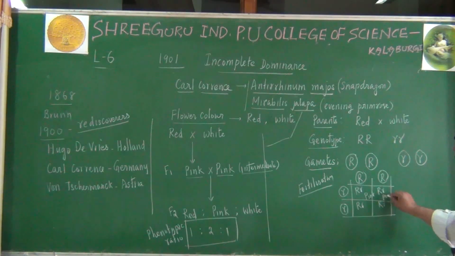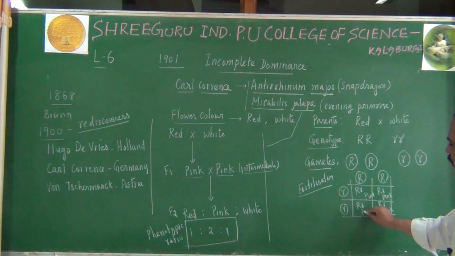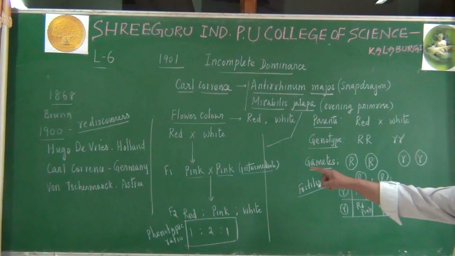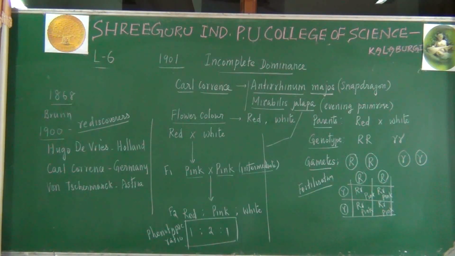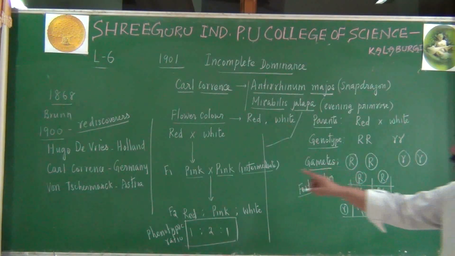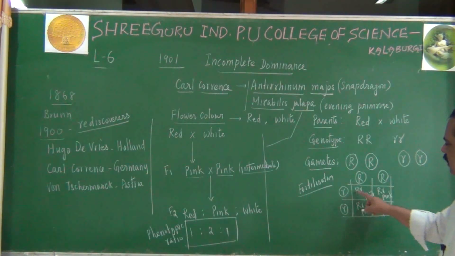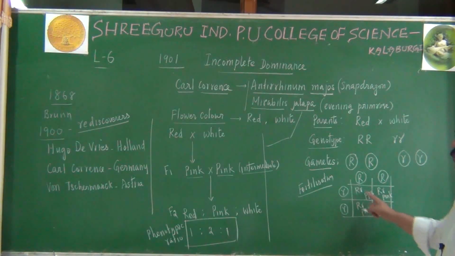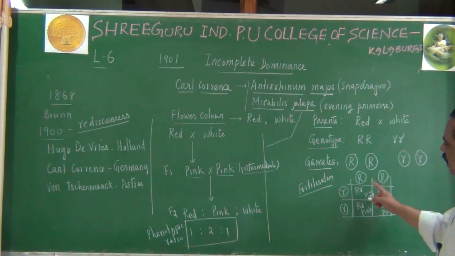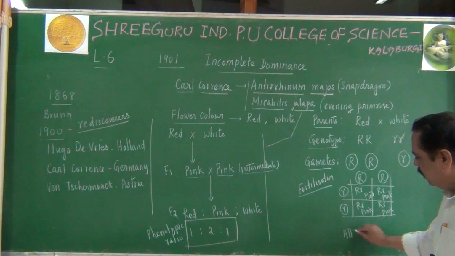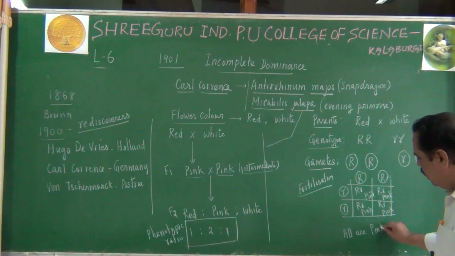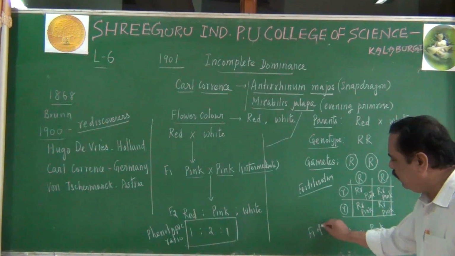You should not think that it must be red because capital R will dominate over small r. Your explanation should be according to the experimental result, not according to our expectation. Here you got pink, that is the reality. You should not write it as red because red is not produced. So all the varieties we are getting are pink. In the F1 generation, all are pink. These are F1 offspring.